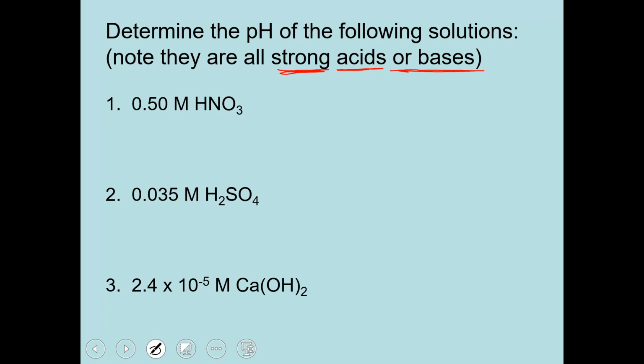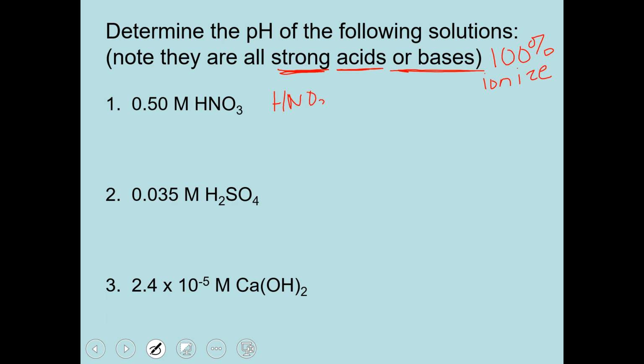You can only use this method that I'm going to show you right now for the strong acids and bases. And the reason why is that strong acids and bases are the only ones that 100% ionize. If they dissolve in water, it is not a reversible reaction.